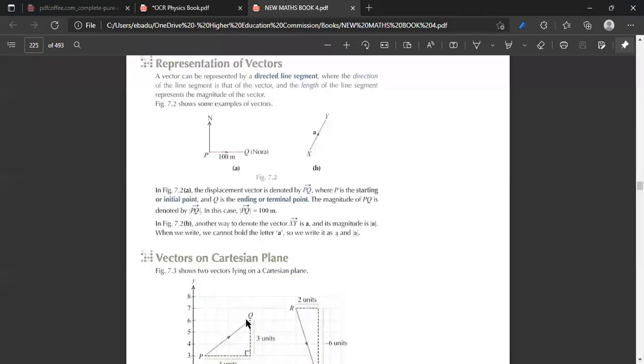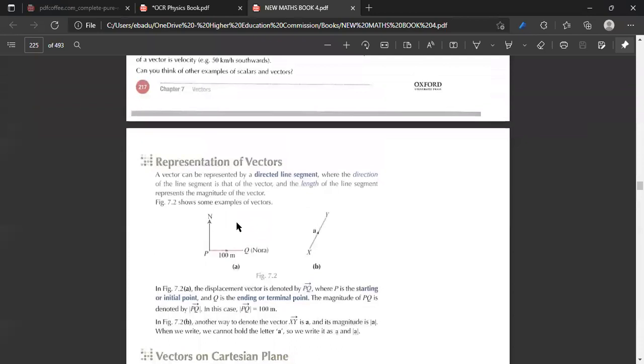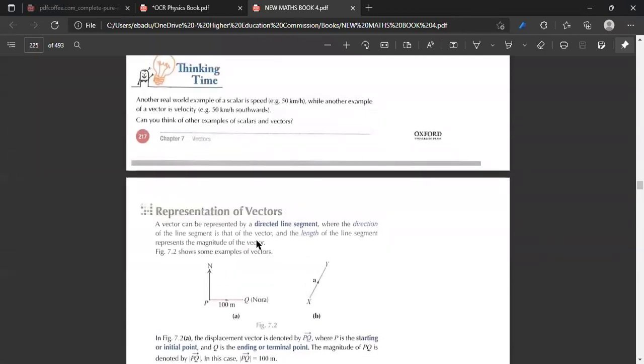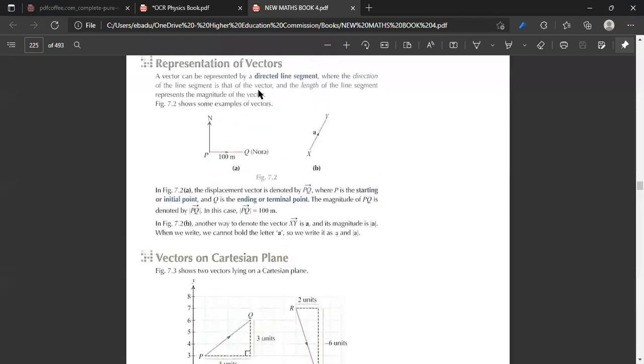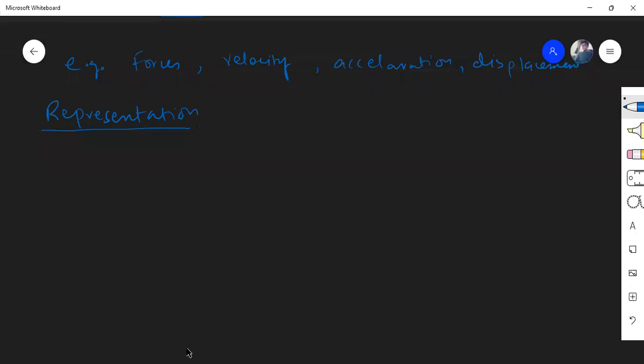All right, so let's discuss a vector. First of all, vectors need to be represented using a line segment, which means that it has a starting point and an ending point, all specified.